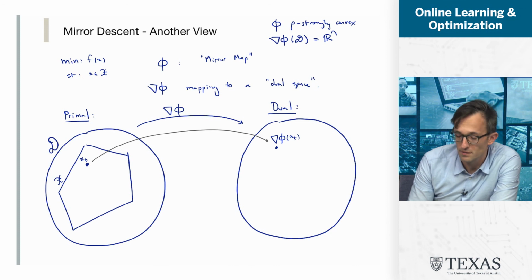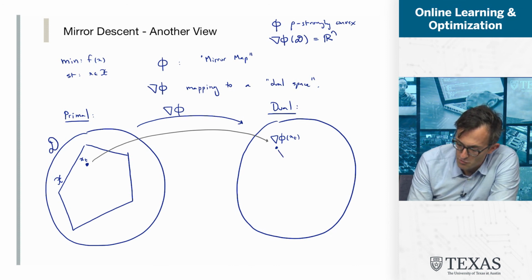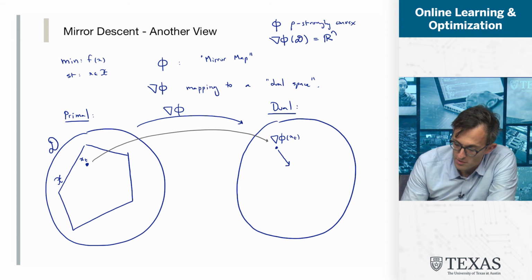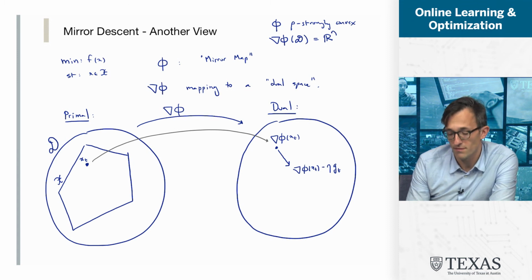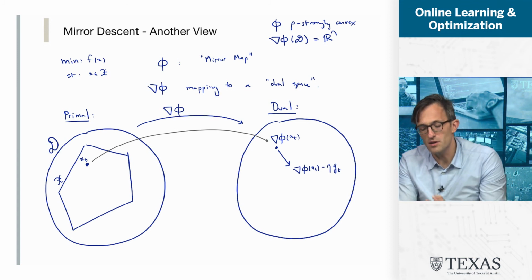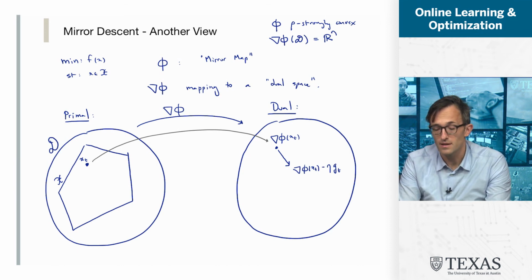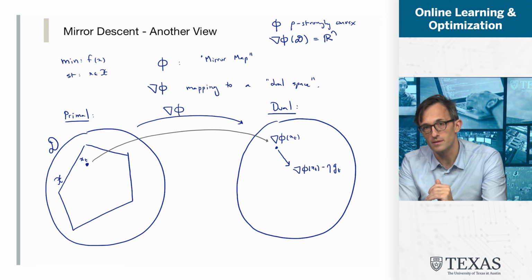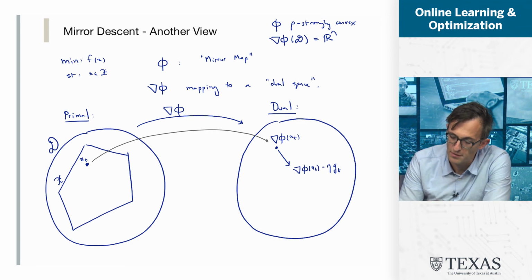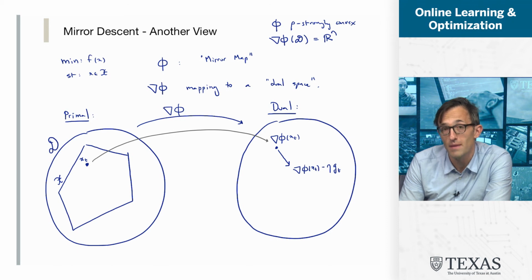From this point, it moves to the gradient of phi of xt minus eta times a subgradient of f. So what's happening here is, again, note that I'm never adding the subgradient g to the point x. I'm only doing that kind of operation in the dual space. So in the dual space, I take the gradient of phi at xt. That's the dual mapping of my point xt, and there I do a gradient step.